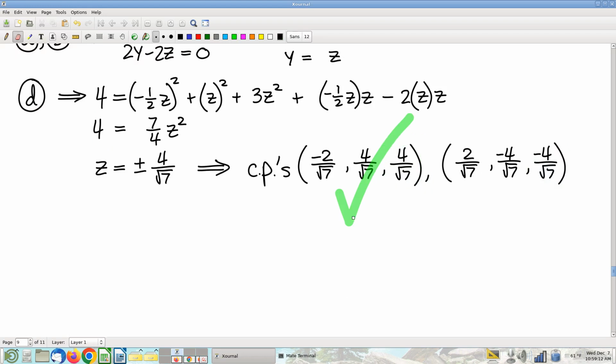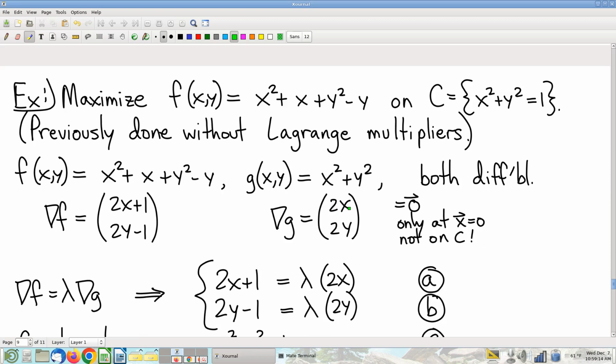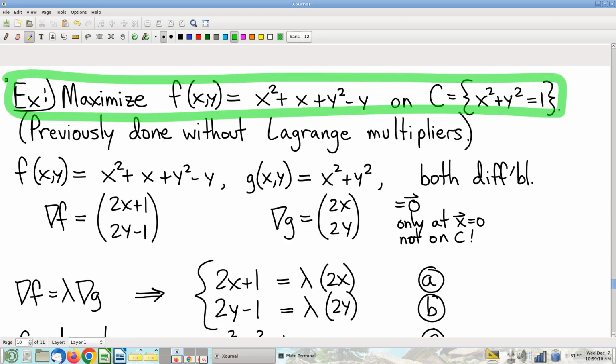Okay. All right, so now you may recall we previously looked at this question to maximize that function on the unit circle. At least that was the boundary part of it; previously we were looking at the solid unit disk, but just this is the boundary part of that.